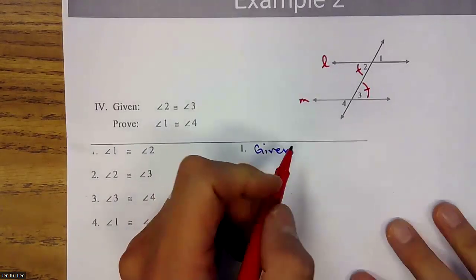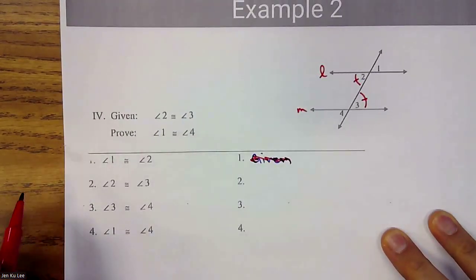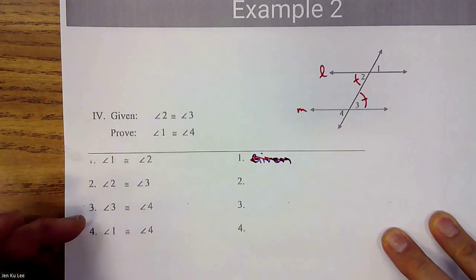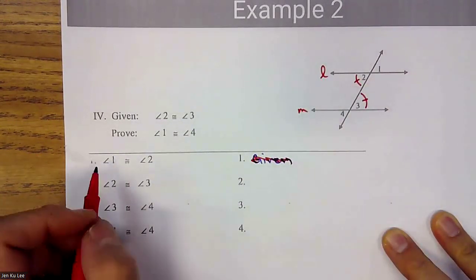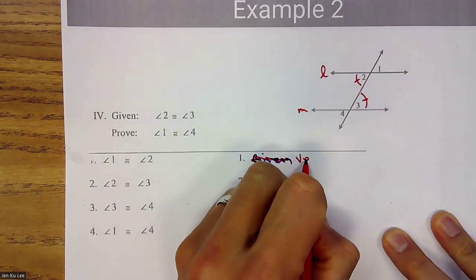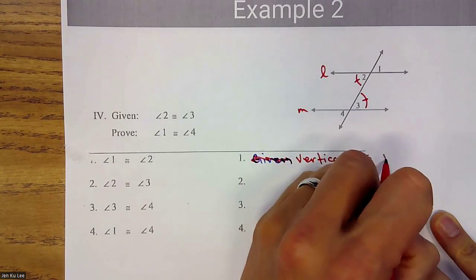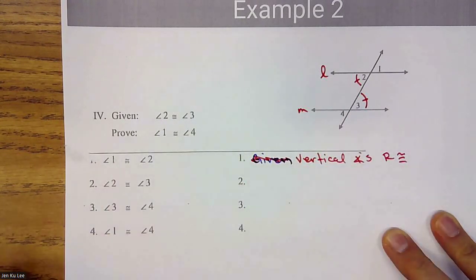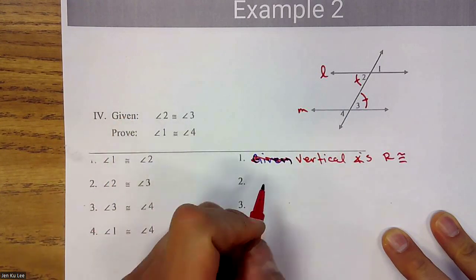Okay? So here, my proof, it says angle 1 is congruent to angle 2. I know that they're congruent because vertical angles are congruent. Angle 2 is congruent to angle 3 because it's given to me.